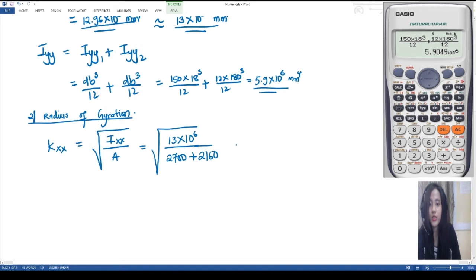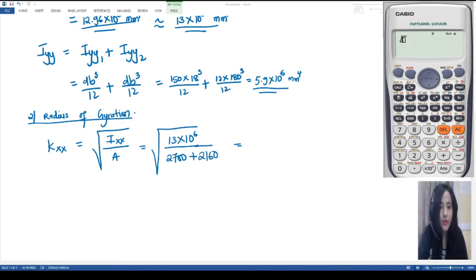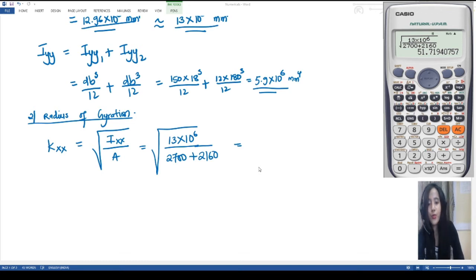This is the total area. Now let us see how much we get. It is coming equal to 51.72 mm. So this is my radius of gyration about Kxx.